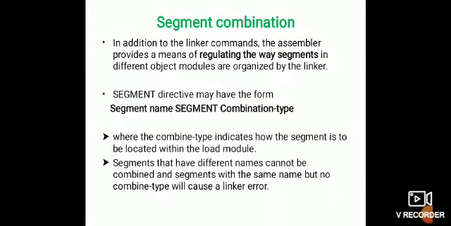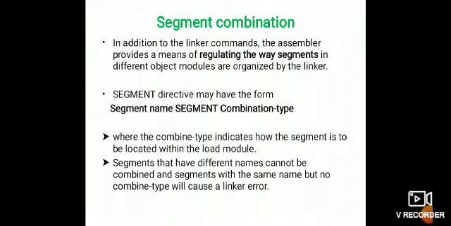The second concept is segment combination. In addition to all the linker commands, the assembler provides a means of regulating how the segments in the different object modules are organized by the linker. We have a common syntax, which is segment name, segment, combination type.